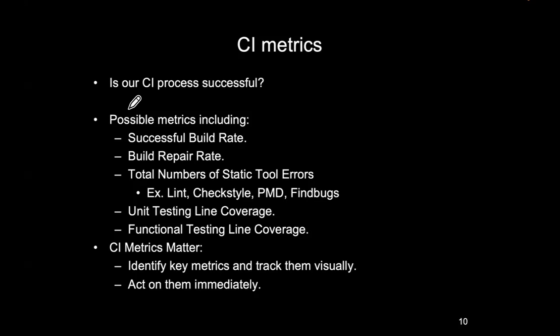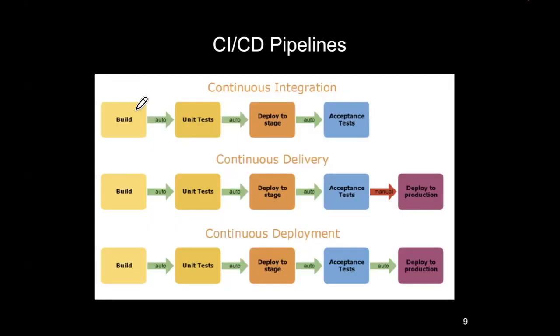It's all well and good, if we go back, having these continuous integration pipelines, but if the build stage is frequently failing, then we need to really look at the automation of the build, or if any of these stages are frequently failing, then that's clearly not good.